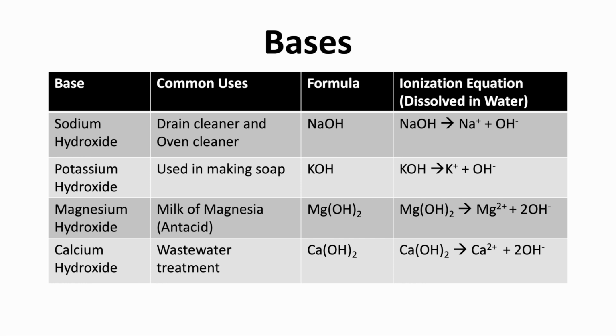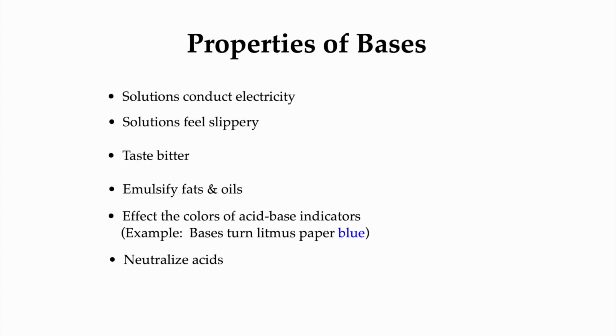And you'll also note that all of the bases also dissociate in water, again, because they're ionic. So some properties of bases. Similarly to acids, they will also conduct electricity because they dissociate when dissolved. Solutions of bases tend to feel slippery, think of soap, and taste bitter, again, also think of soap.